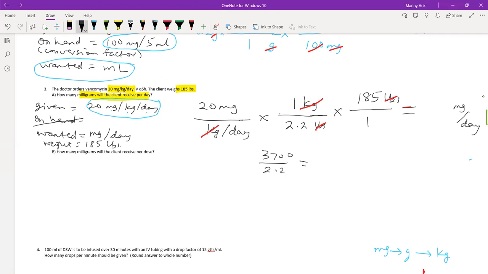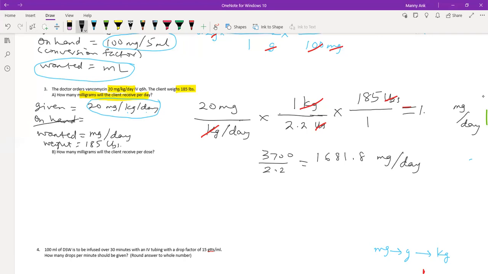So that will give us 1,681.8. So that'll be milligrams per day.